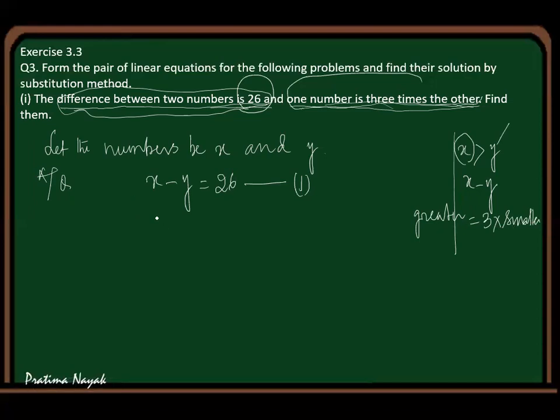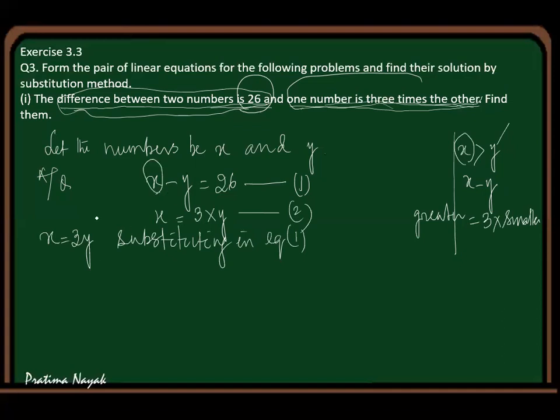We have taken greater as x, so x is equal to 3 multiplied by y. This is equation 2. So x is equal to 3y. I'll substitute this value in equation 1. In place of x, I'll put 3y.